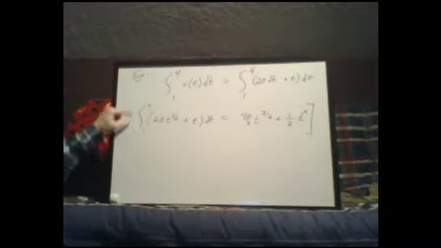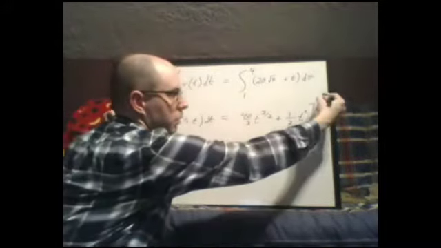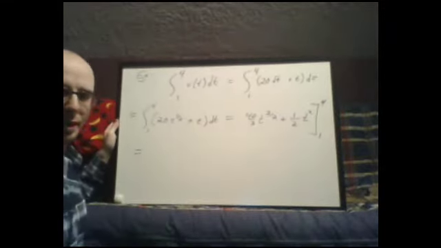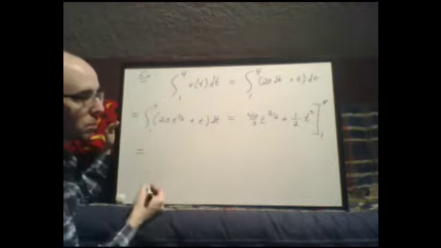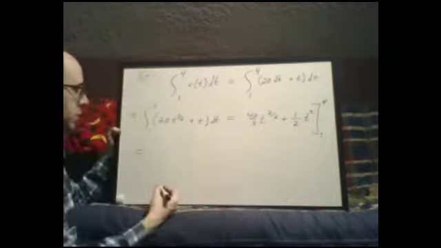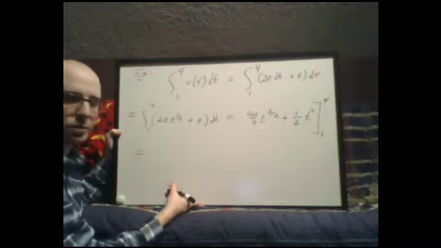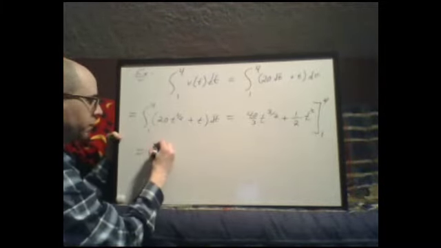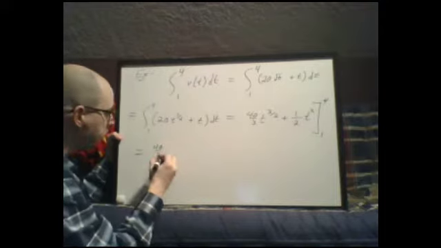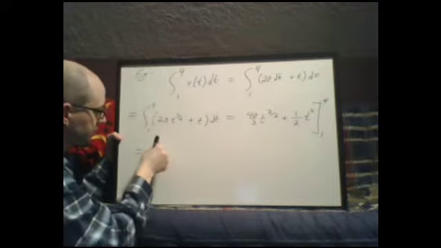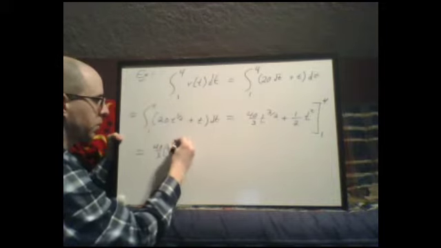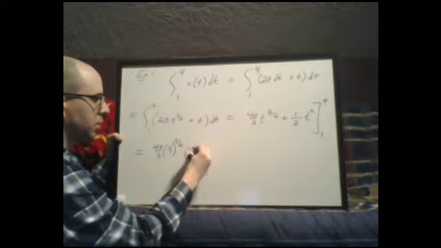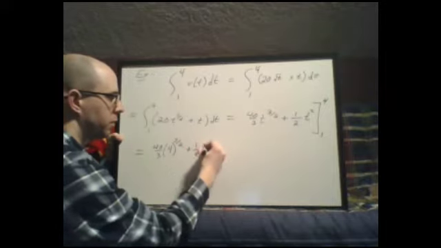Then we have our t values, 4 and 1. 4 goes at the top, 1 is at the bottom. And so we plug in 4 first. So now we really have to be careful because there's multiple terms and we have non-zero numbers. So we really have to be careful about signs and subtraction. So we have 40 over 3 times 4 to the 3 over 2 power plus 1/2 4 squared.